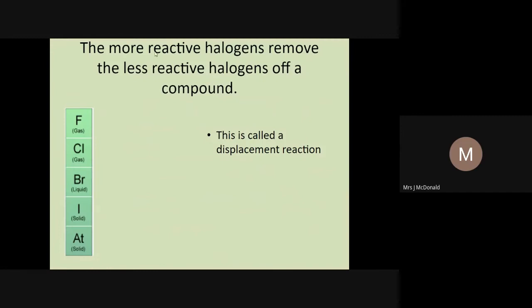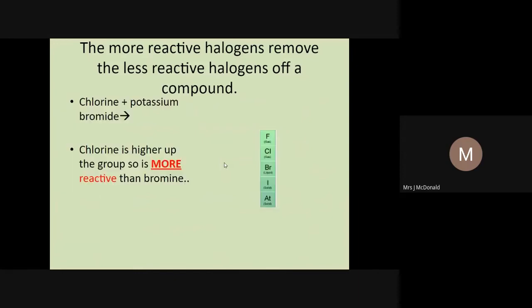The more reactive halogens can displace the less reactive halogens from a compound, and we call that type of reaction a displacement reaction. So here, for example, chlorine and potassium bromide. Bromine here is in a compound with potassium.